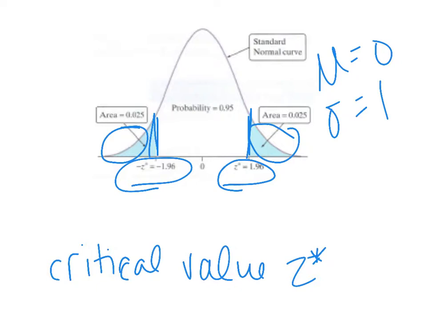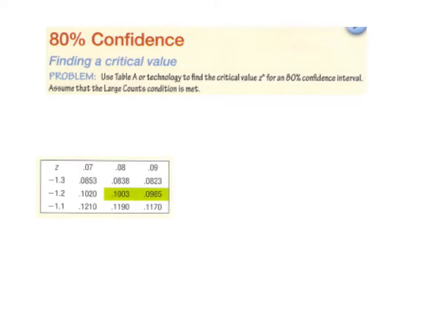Okay, so let's look at an example of using this for a confidence interval of 80%. Our problem here is finding a critical value, using table A or technology, z star for an 80% confidence interval. Assume that the large counts conditions are met, so you don't have to calculate your large counts condition. Let's look at what this would look like if we drew this out.